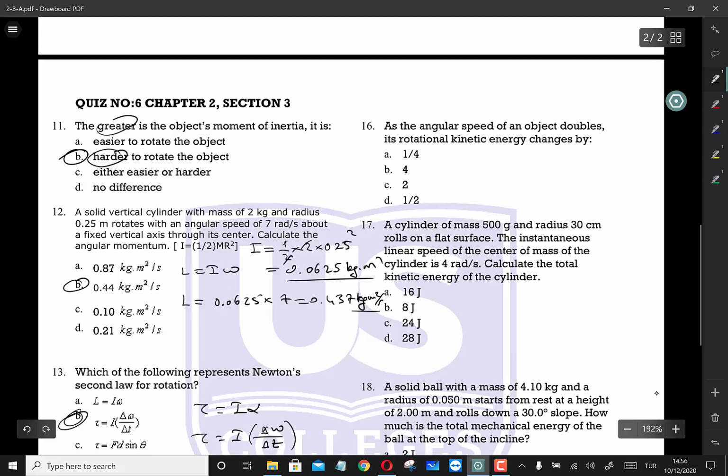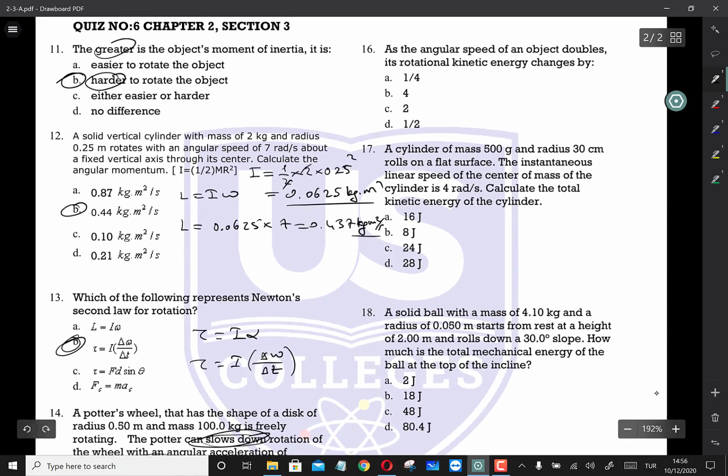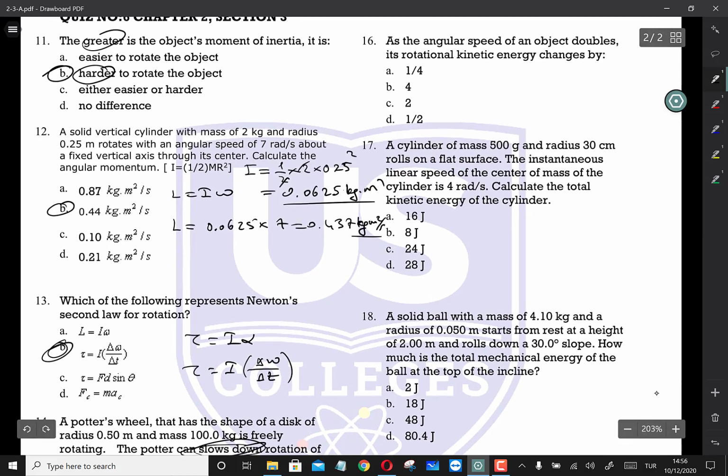Question number 16. As the angular speed of an object doubles, its rotational kinetic energy changes by what? So let's write the equation. Only angular speed is doubling. We know that rotational kinetic energy is 1 over 2 I omega squared, which means rotational kinetic energy is proportional to omega squared.